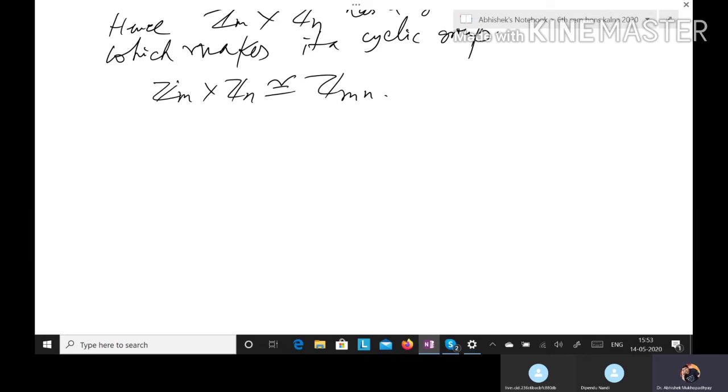But G will not be isomorphic to the external direct product of H and K. What is the reason?